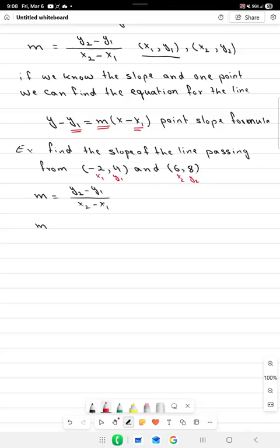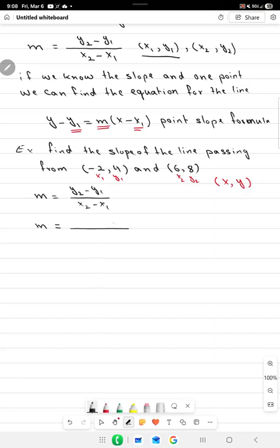But please do not name 6 as y2 and 8 as x2. We can't do that because we know that an ordered pair is always in the form of x comma y. Correct? Anyway, let's plug in those numbers in the formula.